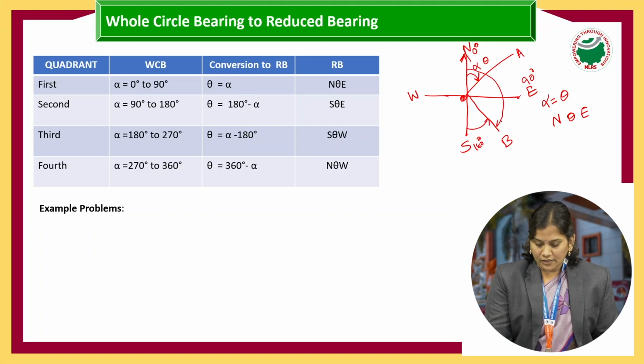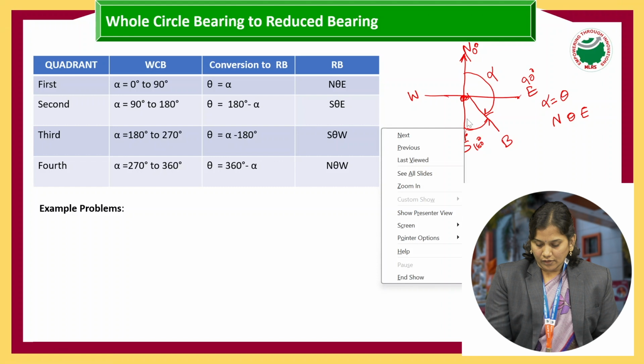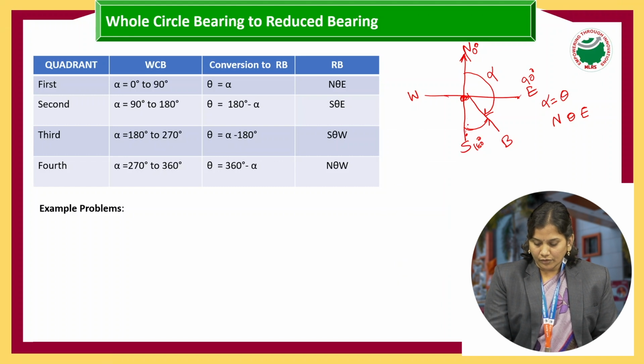The whole circle bearing is measured in this direction, so if I call this alpha, in the reduced bearing system we measure the angle from south towards east in anti-clockwise direction.